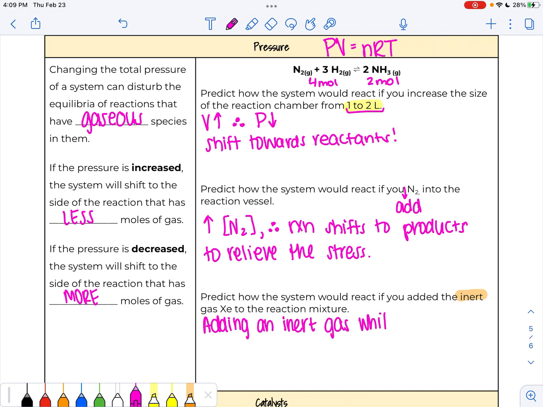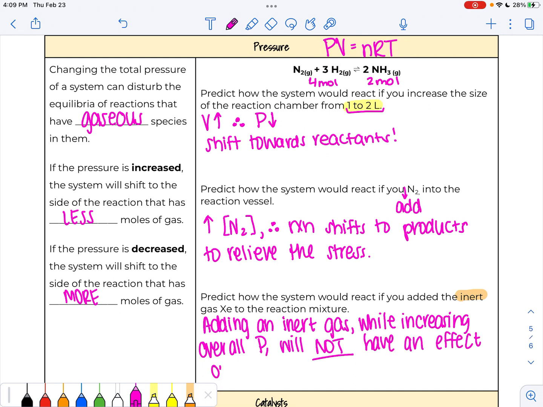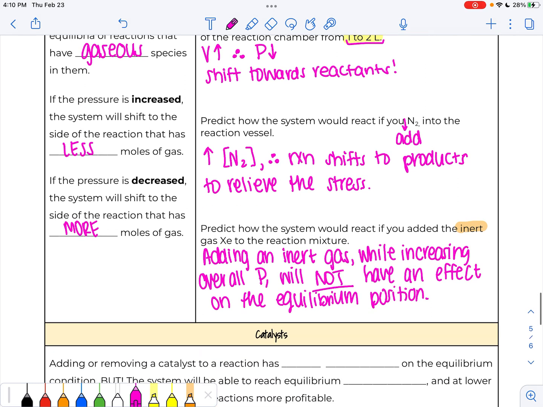Adding an inert gas, while increasing overall P, will not have an effect on the equilibrium position.